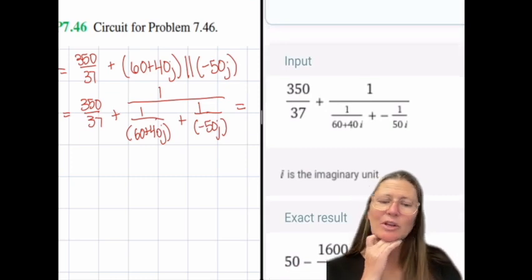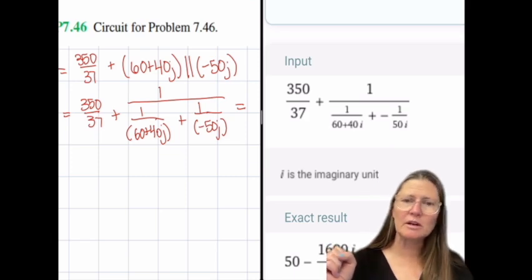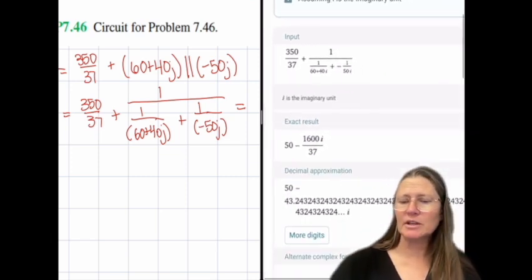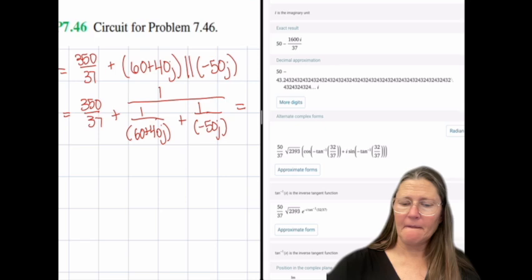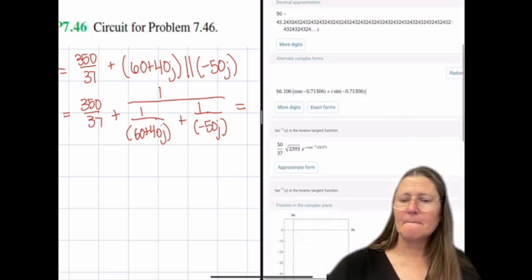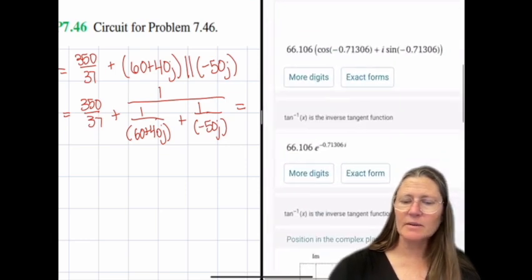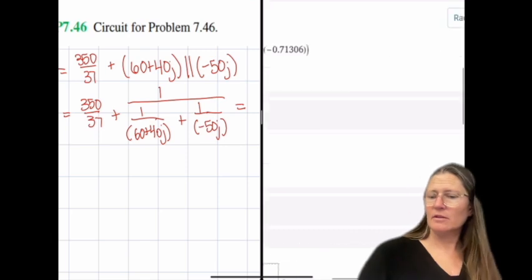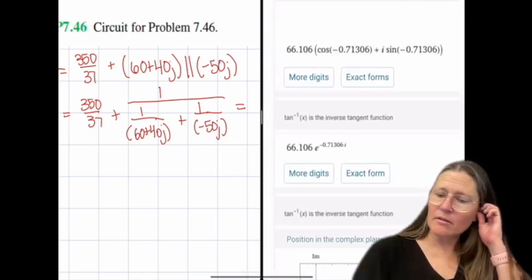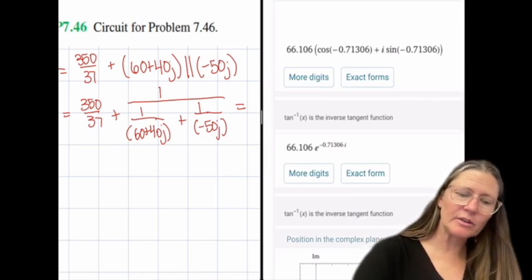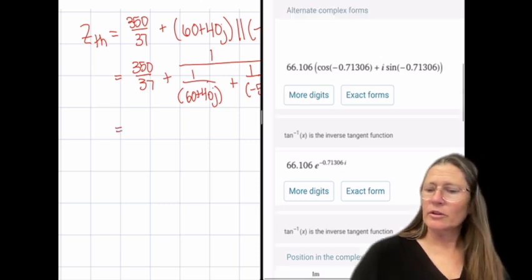So 350 over 37 plus 1 over the quantity 60 plus 40, and then a minus 50. And that ends up giving us this, which is in the polar form.